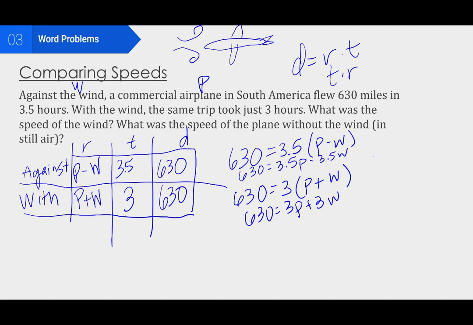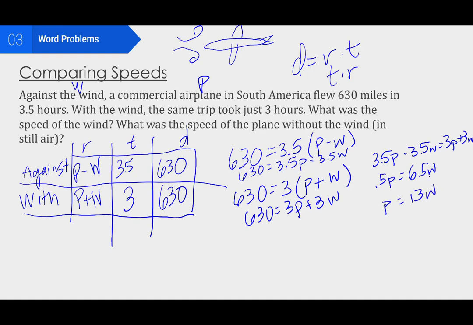Let's see what happens. So we're going to set them equal to each other. 3.5P minus 3.5W equals 3P plus 3W. Subtract 3P, 0.5P equals 6.5W if we add the 3.5W over. And then divide by 0.5, we get P equals 13W.